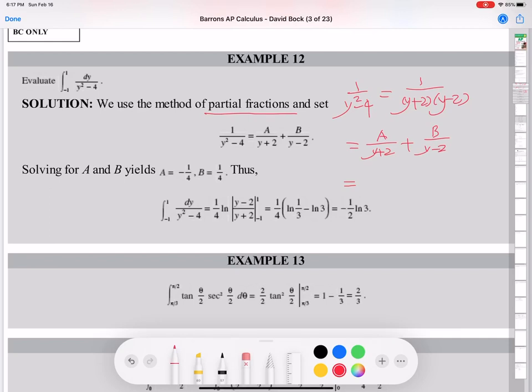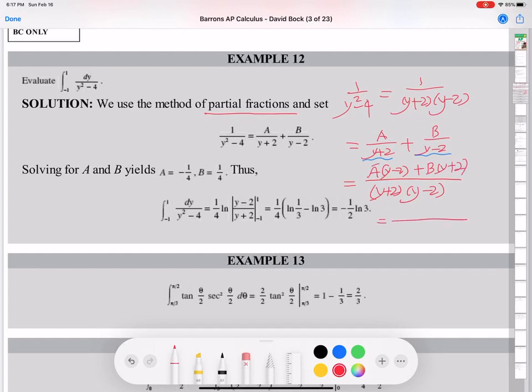So the common denominator is y plus 2 times y minus 2, and the first fraction has y plus 2 but it has no y minus 2, so you have to multiply it by y minus 2 at top and bottom, so a times y minus 2, right? And the second fraction has y minus 2 but it has no y plus 2, so you have to multiply it by y plus 2, b times y plus 2.